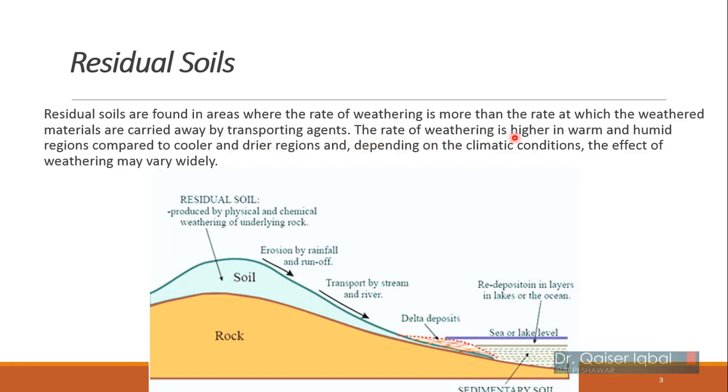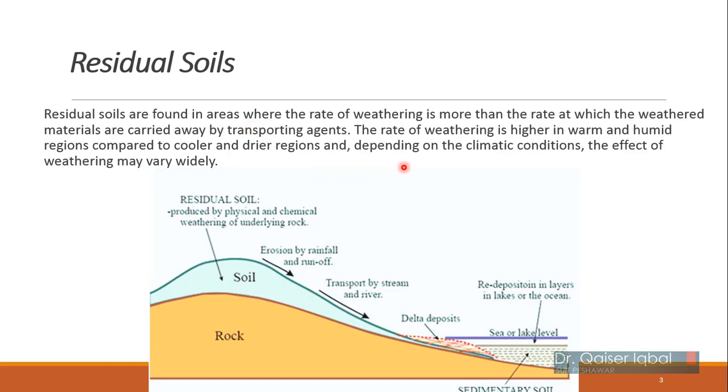The rate of weathering is higher in warm and humid regions. In warm and humid regions, rocks weather quickly and easily, for the reasons we discussed in the previous class, compared to cooler and drier regions. That is why in warm and humid regions, where the temperature and humidity are high, you will find more residual soils.